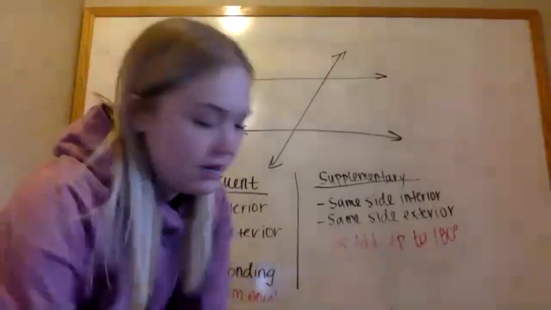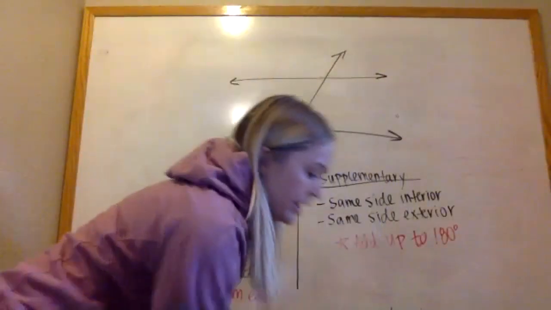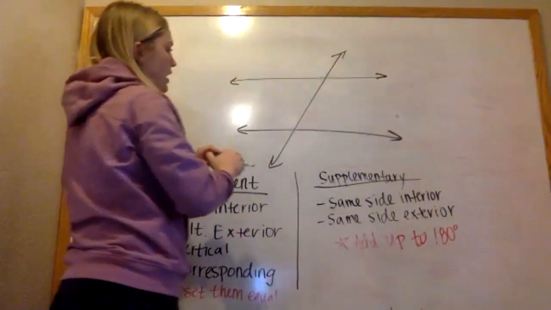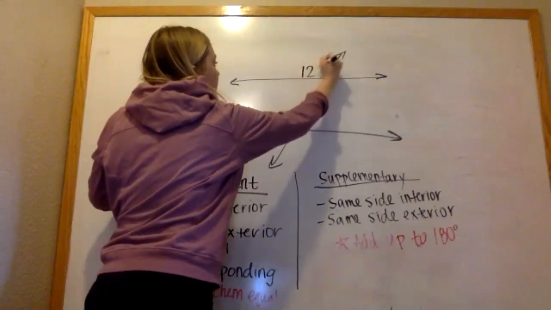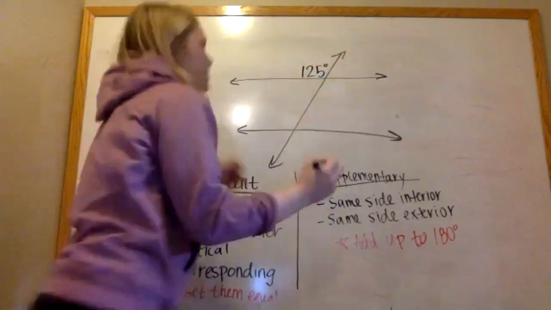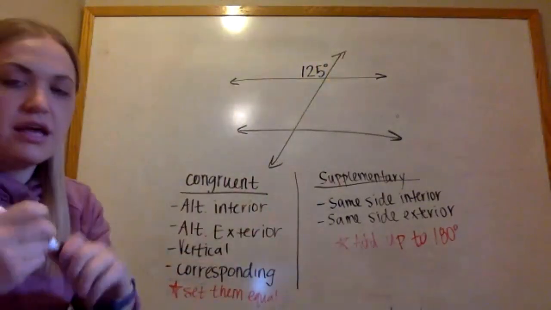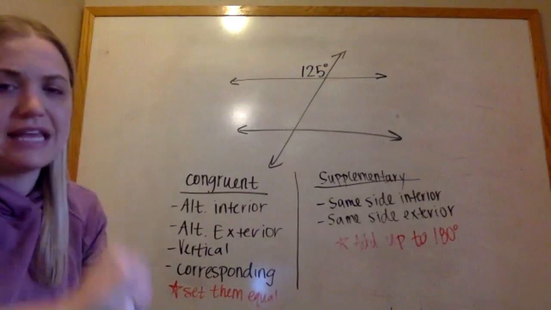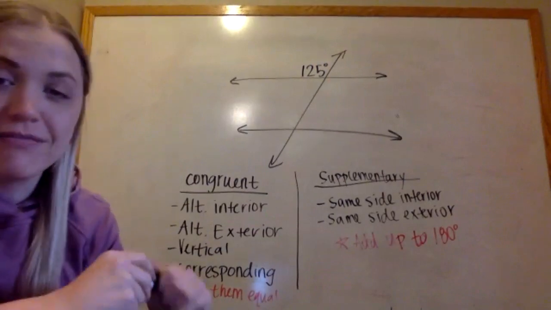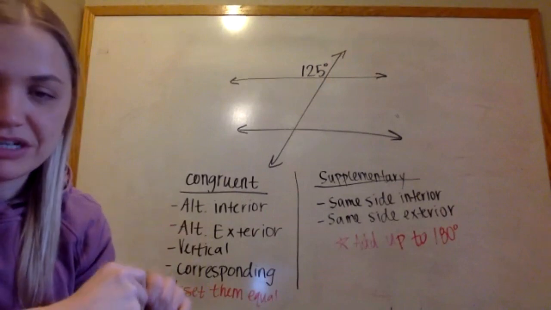And I'm going to put in one angle, right here. I'm going to say that this is 125 degrees. If I give you that one angle, the idea behind this next thing is that you can figure out every other angle in the entire picture.